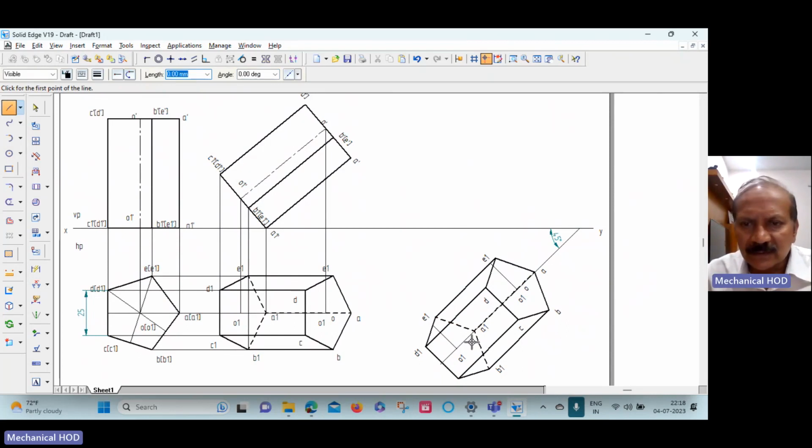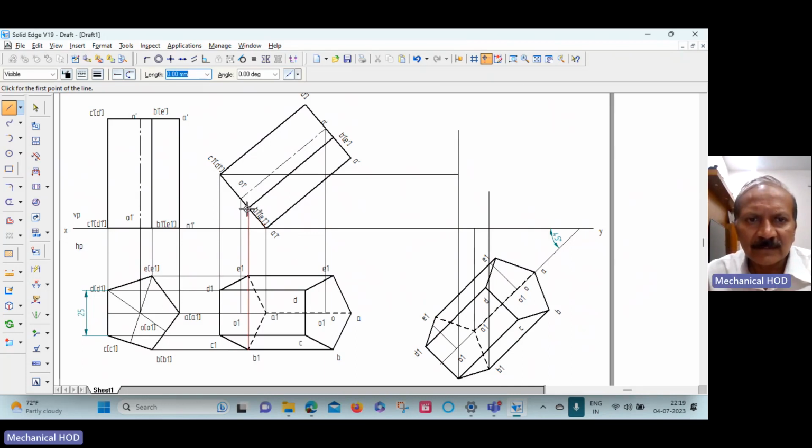So let us find out the bottom face, A1. This is A1. So this is A1 dash. This is B1. B1 dash will travel vertical here. Then A1, B1, this is C1. This is C1. B1.